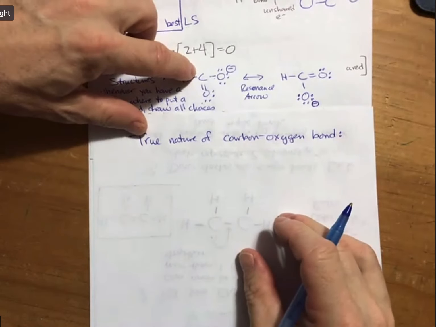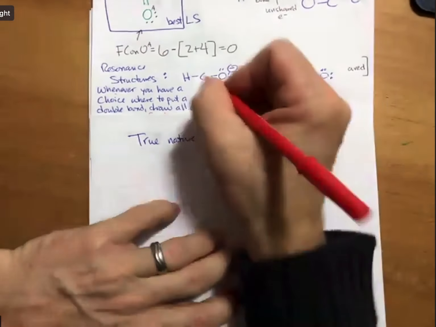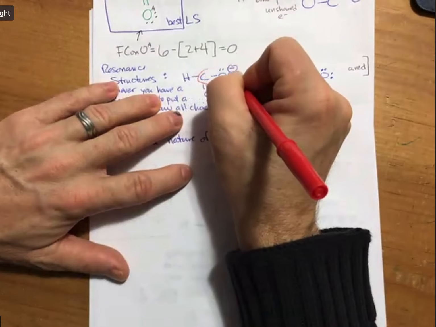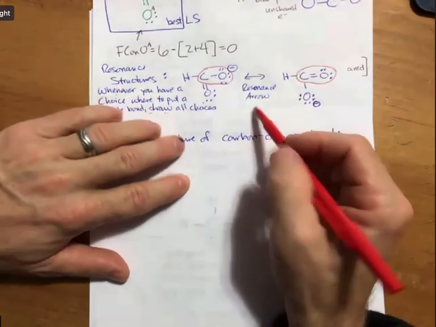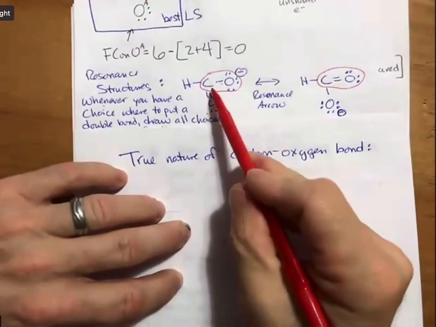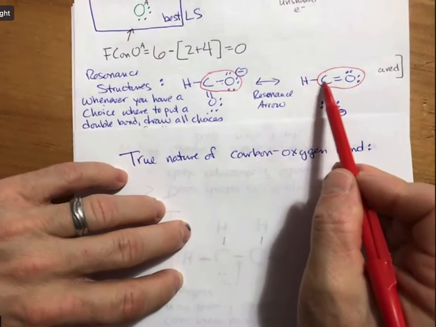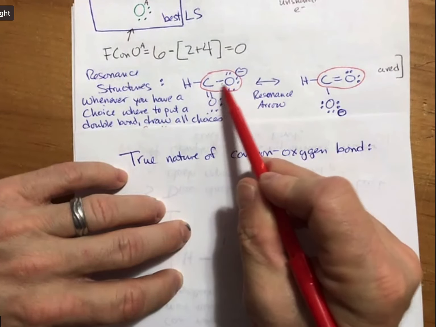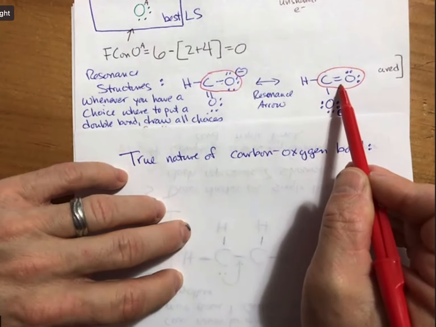The way you approach this is, you circle the same carbon-oxygen bond, and that's why it's important that you place the atoms in the same places. So I can see I have this carbon-oxygen, the oxygen to the right, and I've circled it here as well.